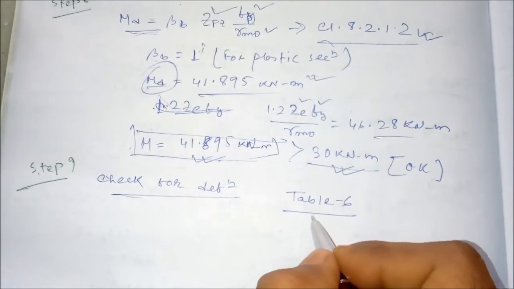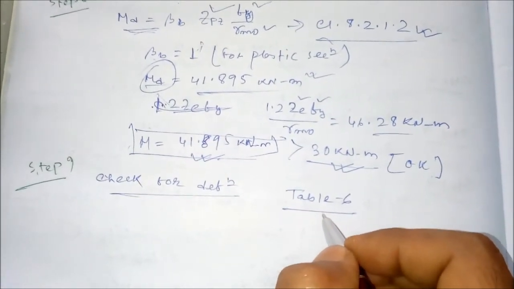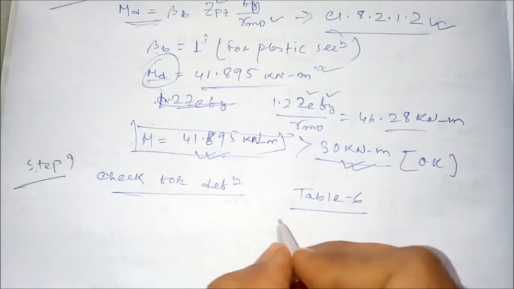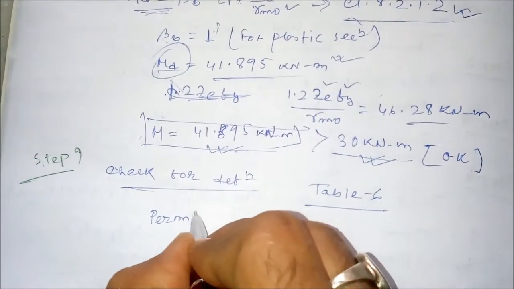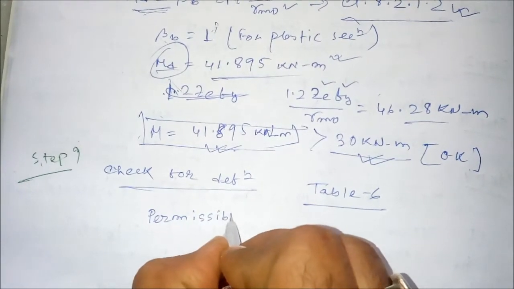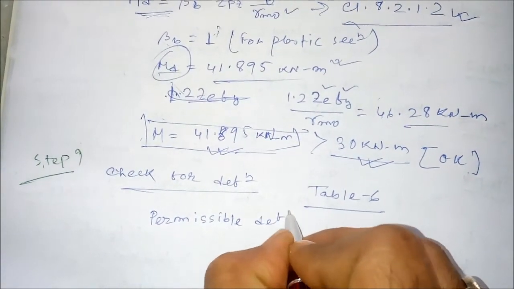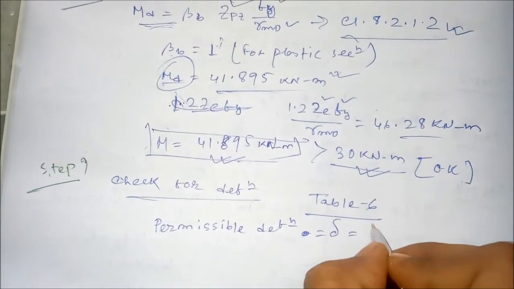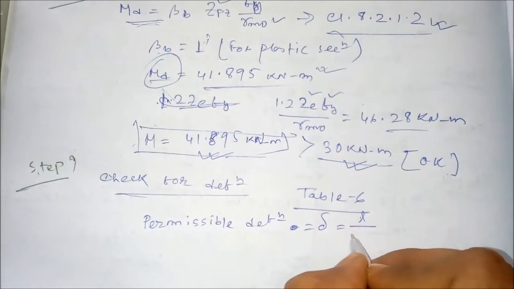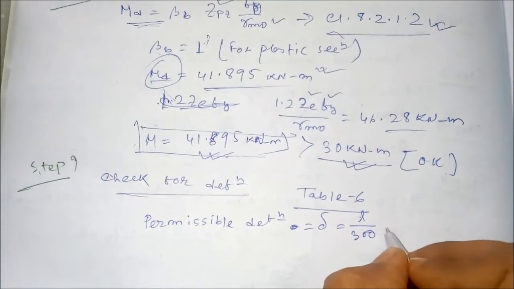According to this table, the permissible deflection, if suppose this is delta, is limited to L divided by 300. What is the value of L?